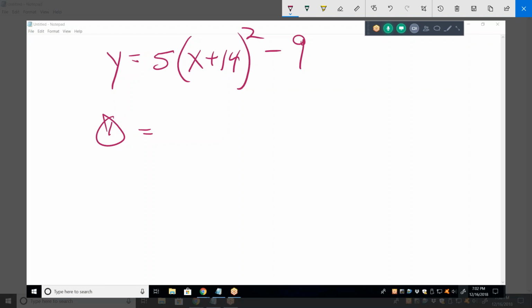I've got no negative multipliers of x, so I can do them in whatever order I want. I'm going to go left to right. What's the 5 do? So 5 vertically stretches it by a factor of 5.